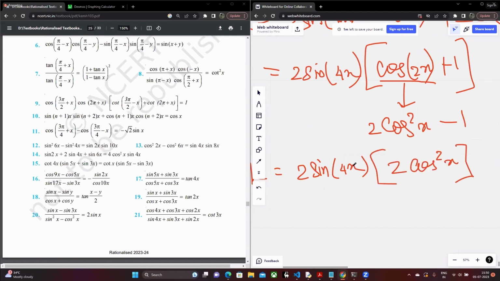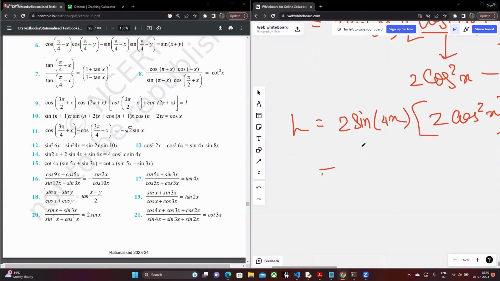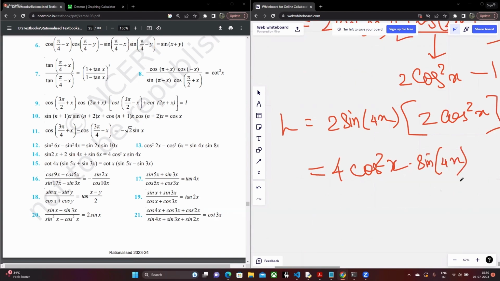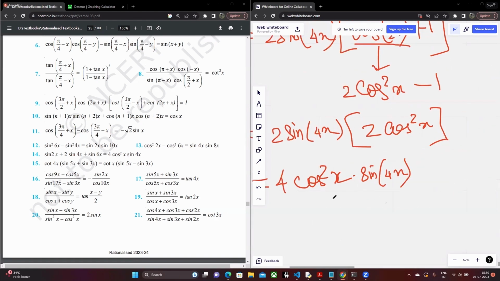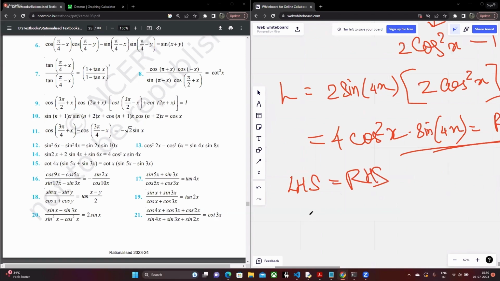So this then becomes 2 into 2 is 4 times 4 into cos squared x into sine of 4x, right, which is equal to R. This below. Therefore, LHS is equal to the RHS. Therefore, you have this statement.